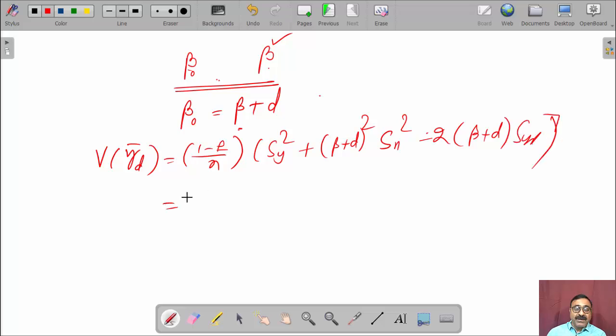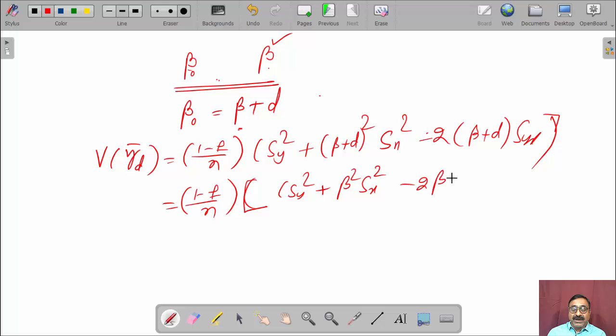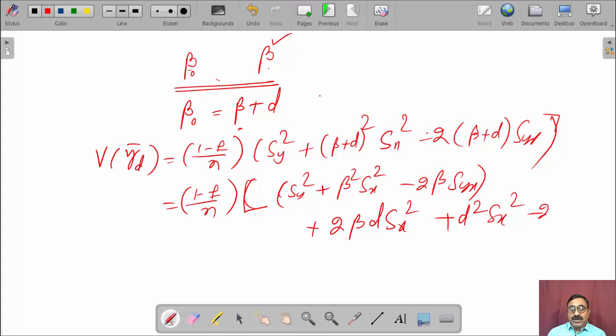So that will be (1 − f)/n times [sy² + β²sx² − 2β syx + 2β d sx² + d² sx² − 2d syx].